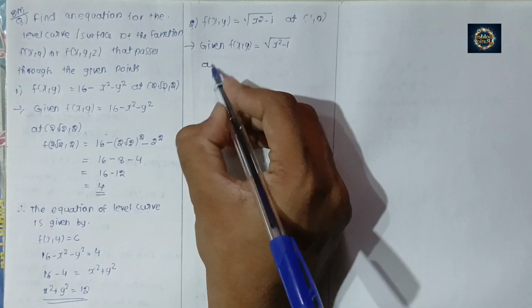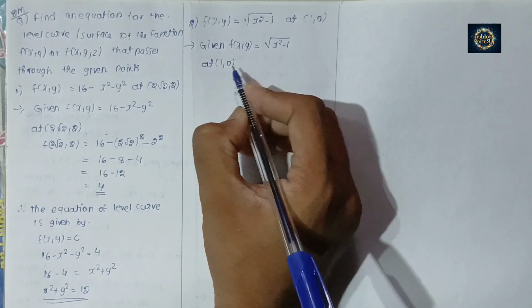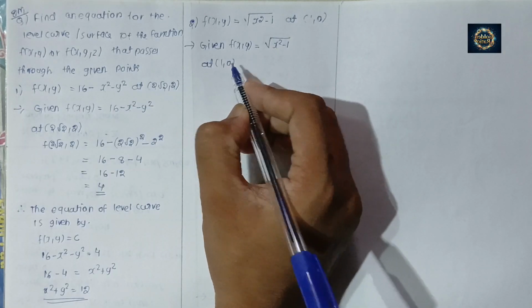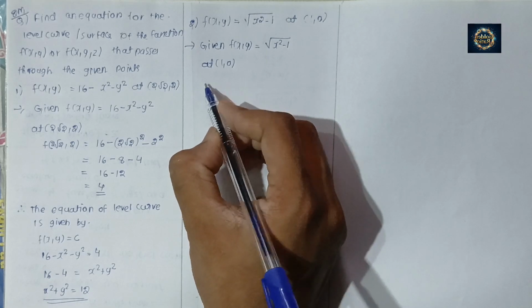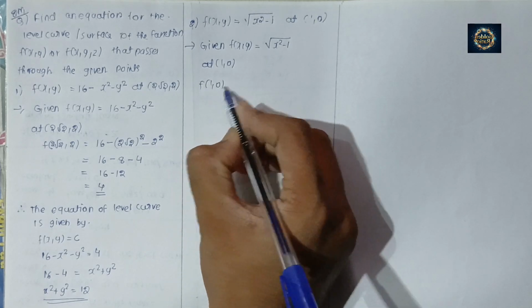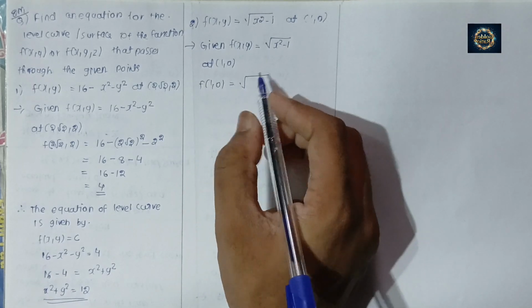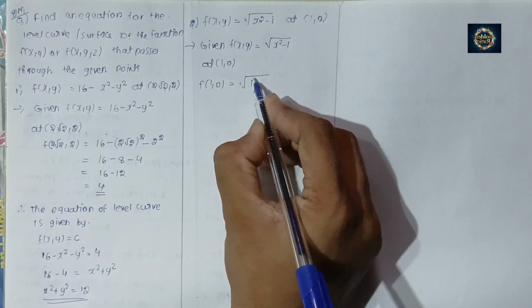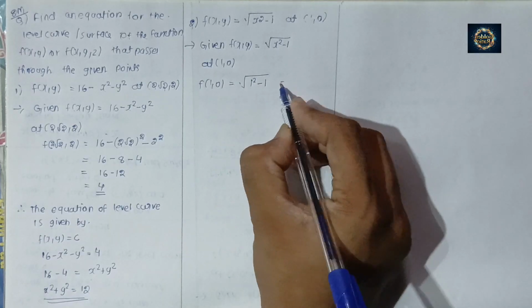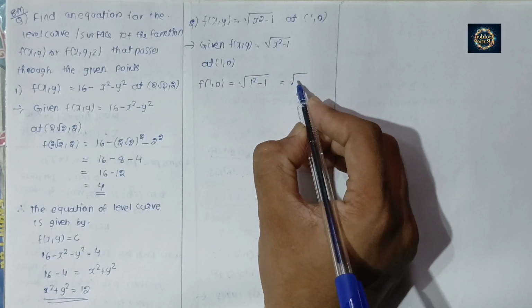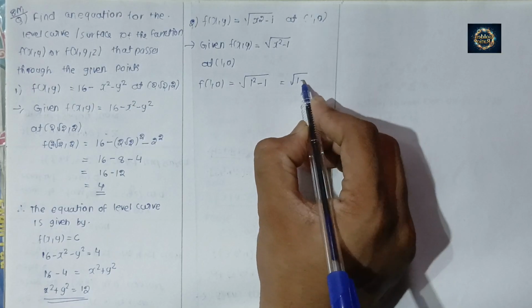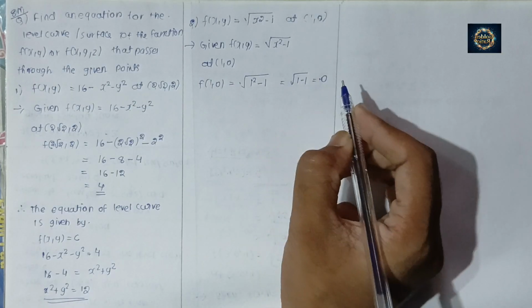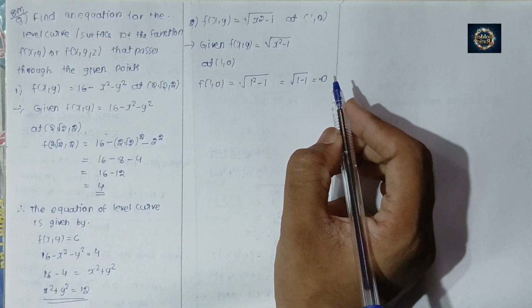So at 1 comma 0, y is already given as 0. The f of 1 comma 0 will be square root of 1 square minus 0. So square root of 1 square is 1, minus 0, it is 1.